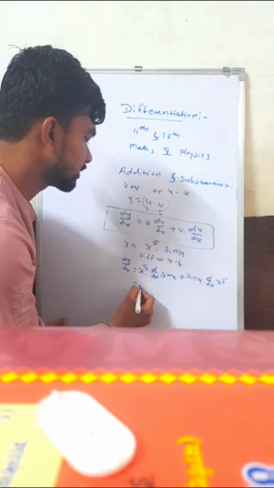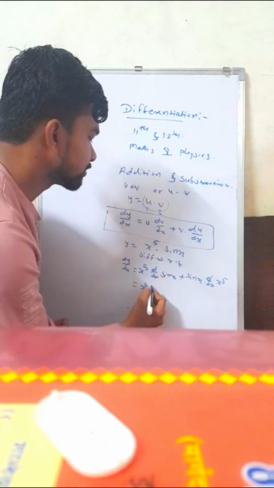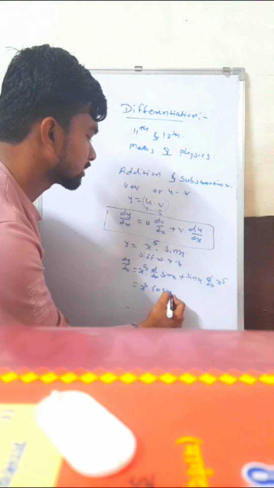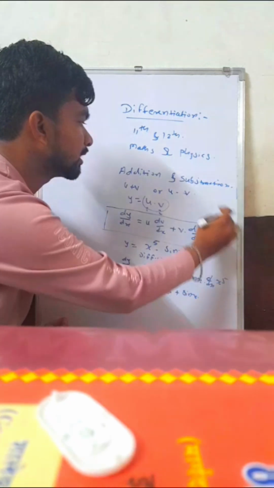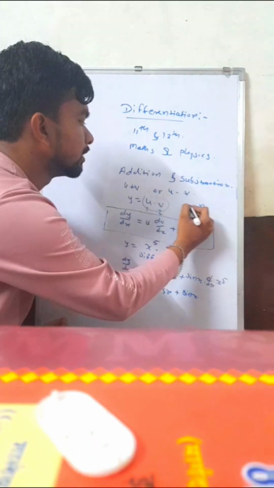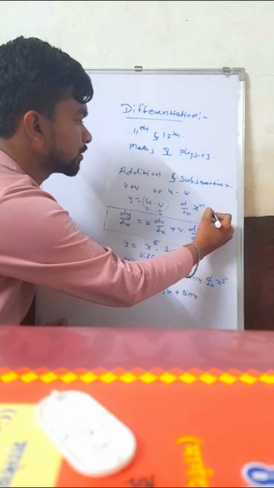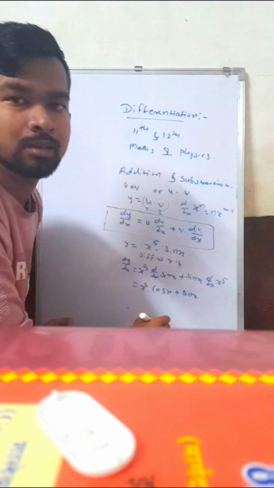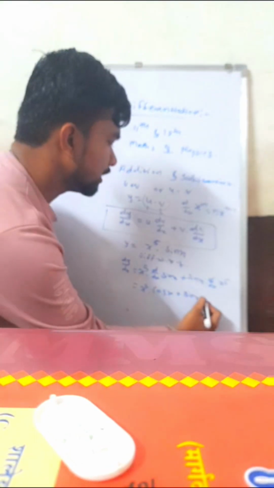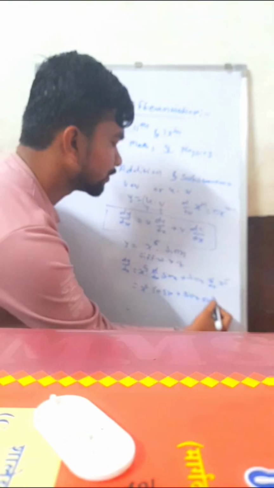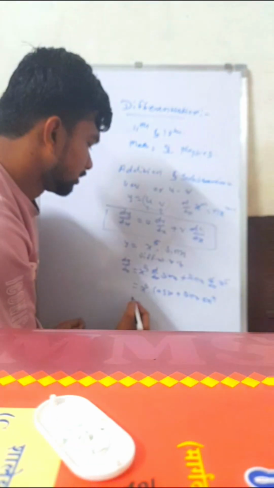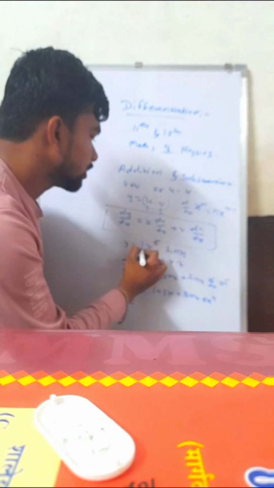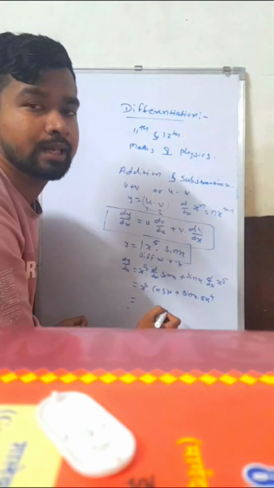Then next step: x raised to 5 as it is, derivative of sin x is cos x, plus sin x as it is, and the derivative of x raised to 5 by the x raised to n formula, d by dx of x raised to n is n into x raised to n minus 1, is 5 x raised to 4. This is the derivative of the multiplication of x raised to 5 into sin x.